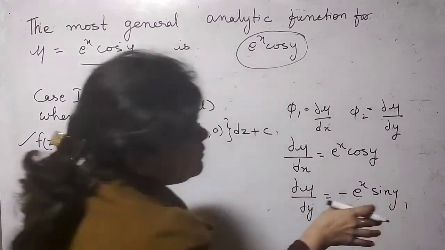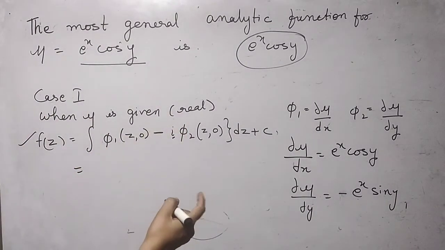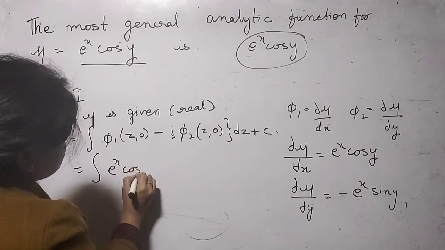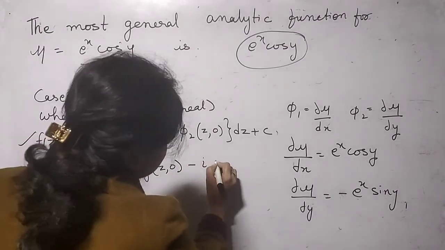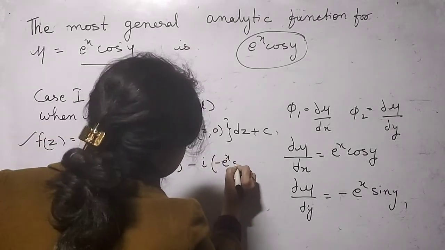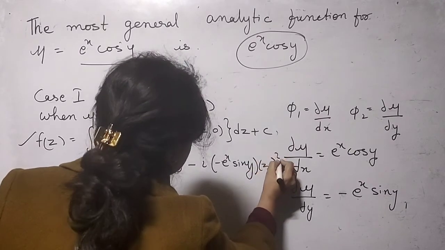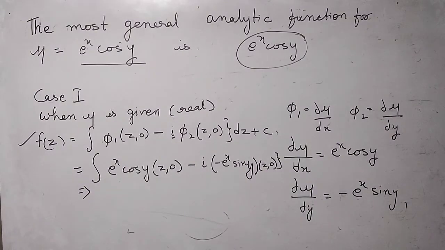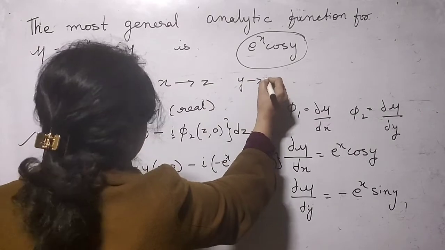Now I am substituting these values in our equation when the real part is given. So we get integration of e^x cos y at (z,0) minus i times minus e^x sin y at (z,0). So I am replacing x with z, and y with 0.